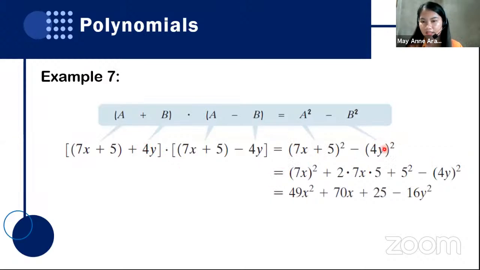So, we have 4y squared. Same process as earlier, 7x times 7x is 49x squared. So, 7x times 5 is 35x. Times 2, 70x. Then 5 times 5, you have 25. Then just square this, 4y times 4y is 16y squared.